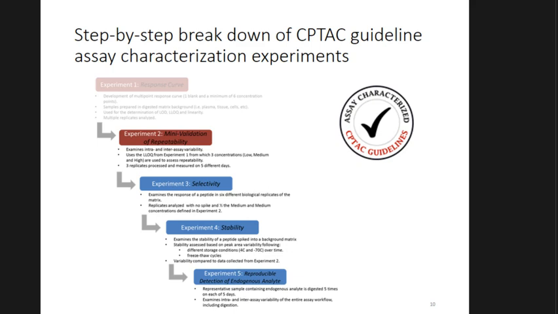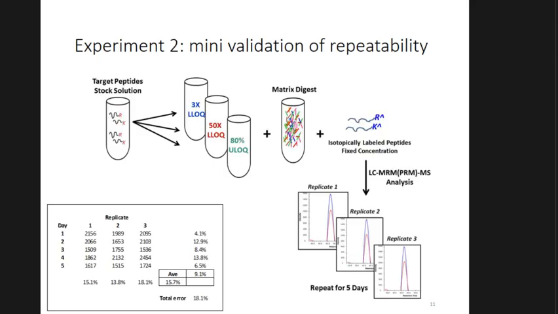The mini validation is supposed to give you a bird's eye view of different sources of variation that you might find in your experiment so that you can decide as a researcher, and you know the most about your targets, you know the most about your method, you can decide if you even want or need to go on to the more in-depth validation protocols. So this mini validation tries to encompass a couple different ideas that experiments 3, 4, and 5 dig deeper into.